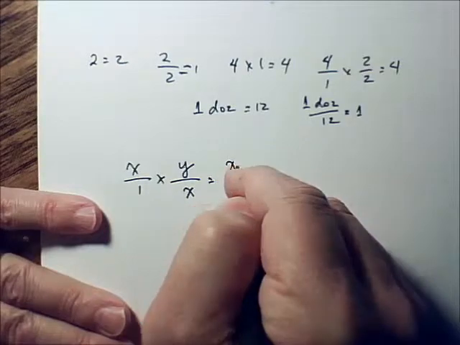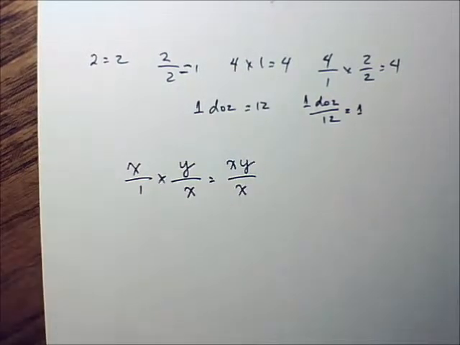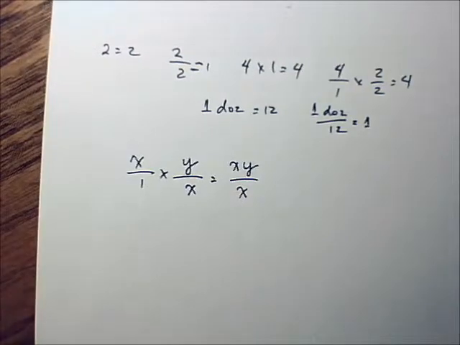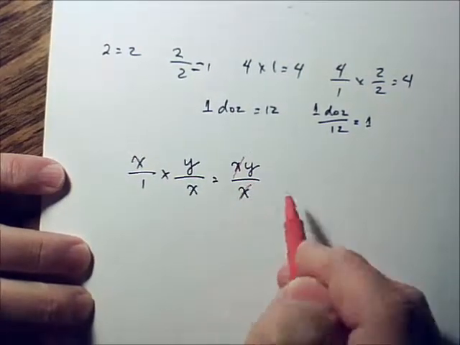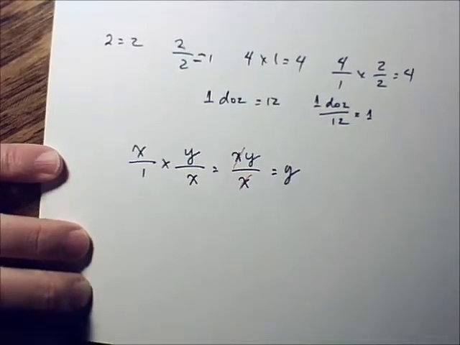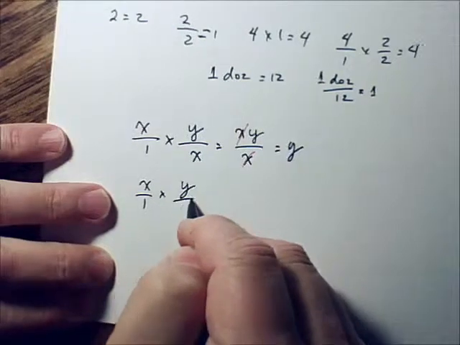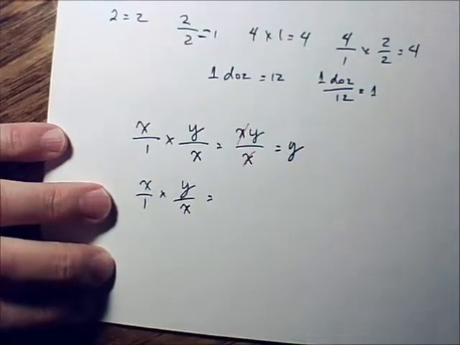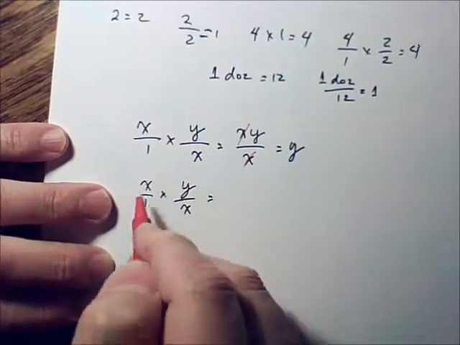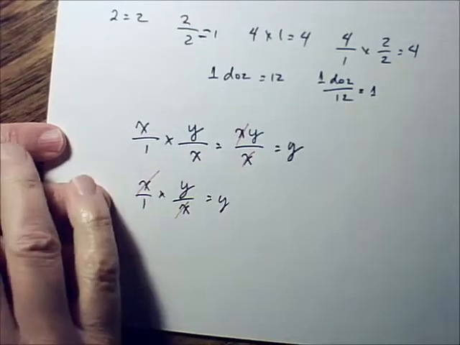X times Y is XY. 1 times X is X. What happens to the X's? They cancel. Okay, and so now this answer is Y. Well, you know what? I could have started with X over 1 times Y over X and realized, hey, those X's are going to cancel anyway and go straight to Y, right?